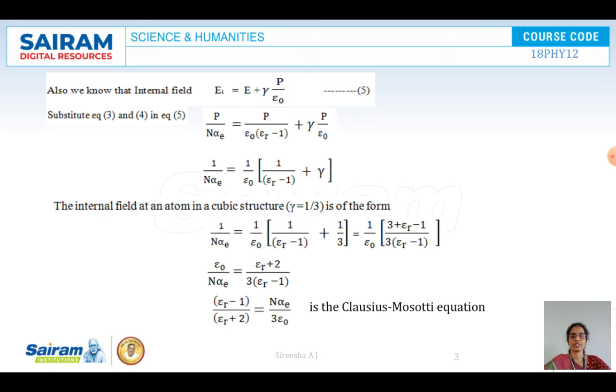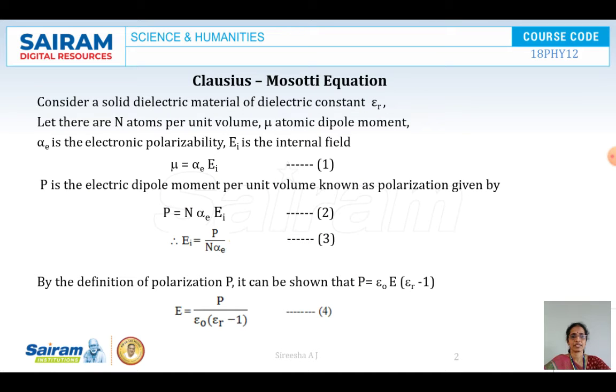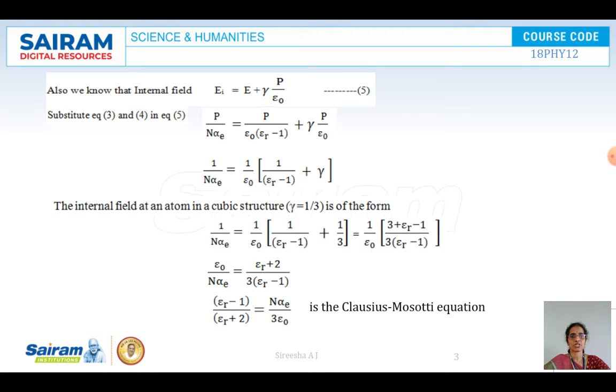Equation 3 is Ei is equal to P by n alpha E, and equation 4 we got as E is equal to P by epsilon naught into epsilon r minus 1. So substituting the values of Ei and E into equation 5 of internal fields, we get P by n alpha E is equal to P by epsilon naught into epsilon r minus 1 plus gamma into P by epsilon naught.